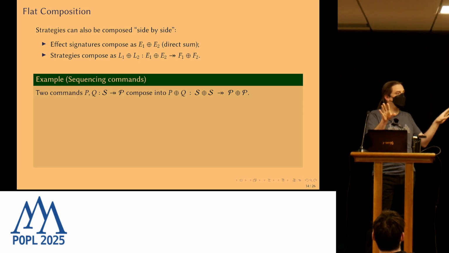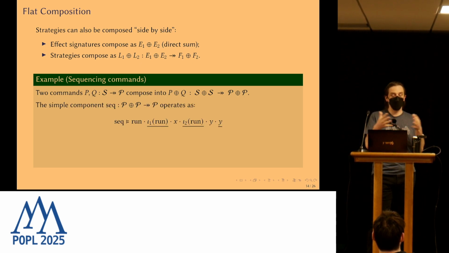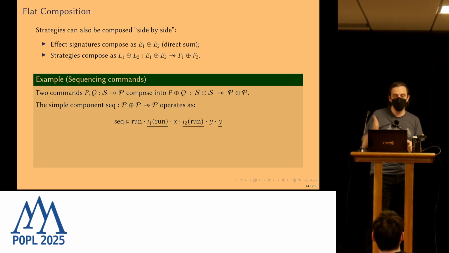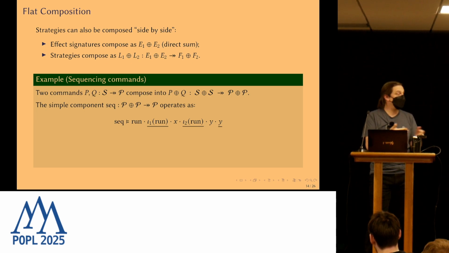The first thing we want to do is to combine them side by side like this. So we get a strategy which has two run operations that allows us to run either command as we wish. And then we can combine this with a sort of scheduler component that first runs the first command, then the second command, and returns the exit status of the second one, right?